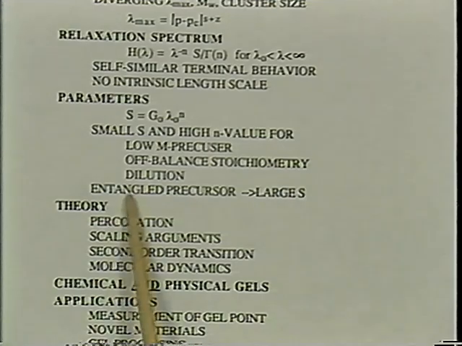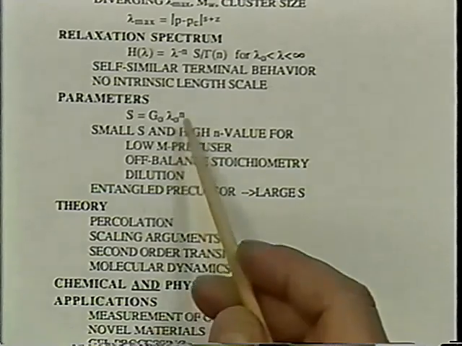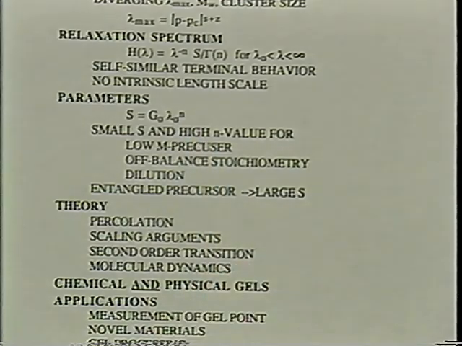But as soon as we go to higher molecular weights, the front factor is large, and N is going to be small in that system.